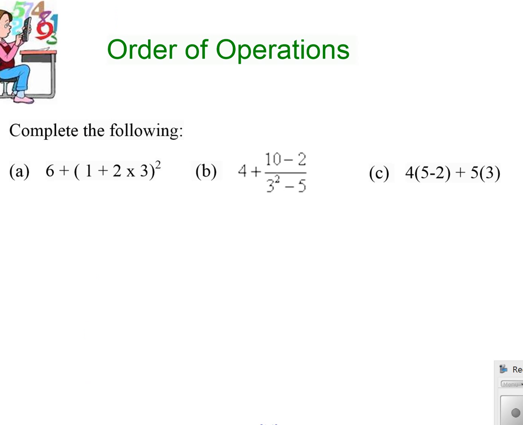So let's just look at some examples. A couple of new things to you in grade 7 might be some of the notations. I'm just going to take a second to explain it. As you get older in math, they tend to not use multiplication signs anymore. So if we look at part C, you're not going to see any multiplication signs, you're going to see brackets. The reason why they do that is because as you get older in math, you start to be introduced to algebra.